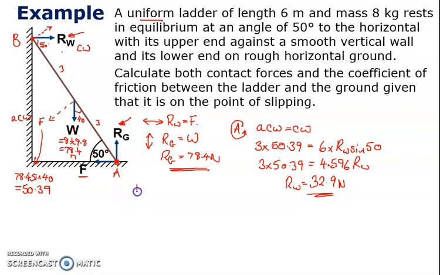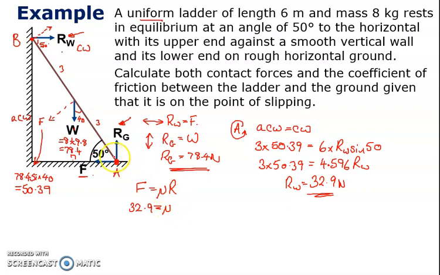What you should remember is that there is a simple rule. It says F equals mu R. My F down here, my friction, was equal to RW, which is 32.9. And that equals mu, the coefficient of friction, times R. You should have seen that before with Miss Fairvine.